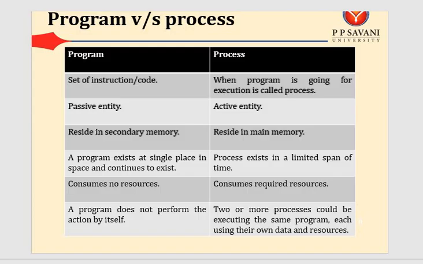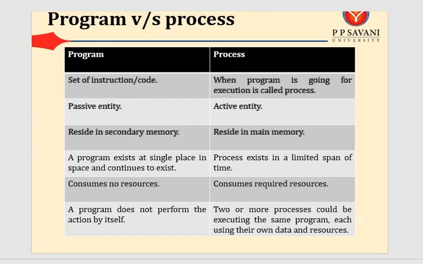A program exists at a single place in space and continues to exist, whereas a process exists for a limited span of time. A program sometimes requires resources, maybe not, but a process consumes the required resources.